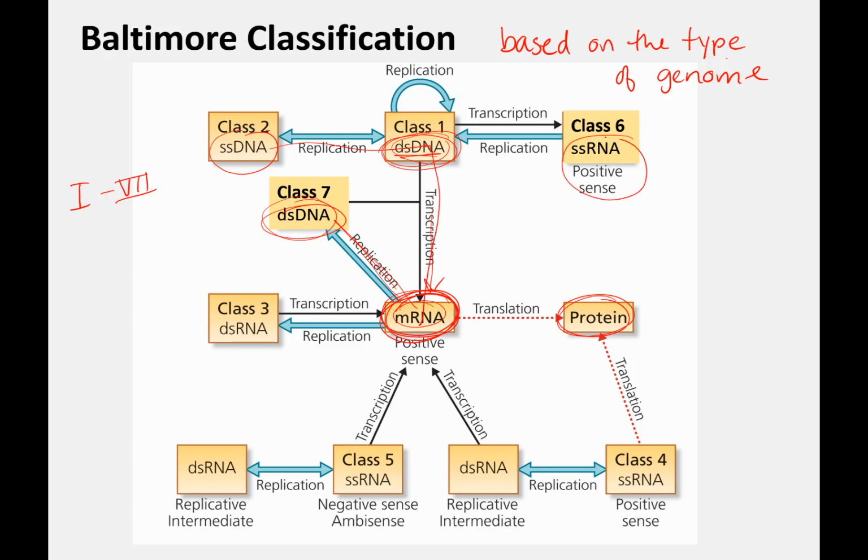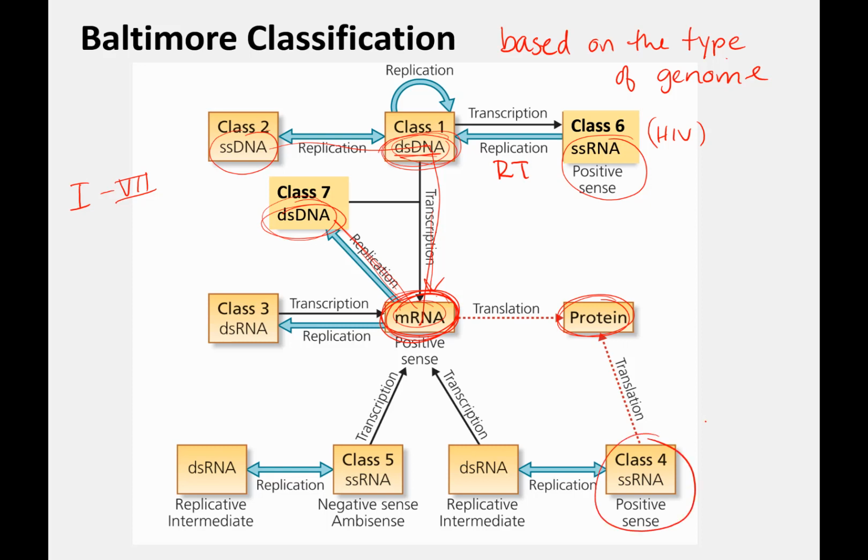We have RNA viruses that have a positive sense, which means they can be directly translated. We have, right here, oh, sorry, that's where I'm getting myself mixed up. Class 6 is that they go under reverse transcription. This is like HIV. Before their genes can be transcribed.